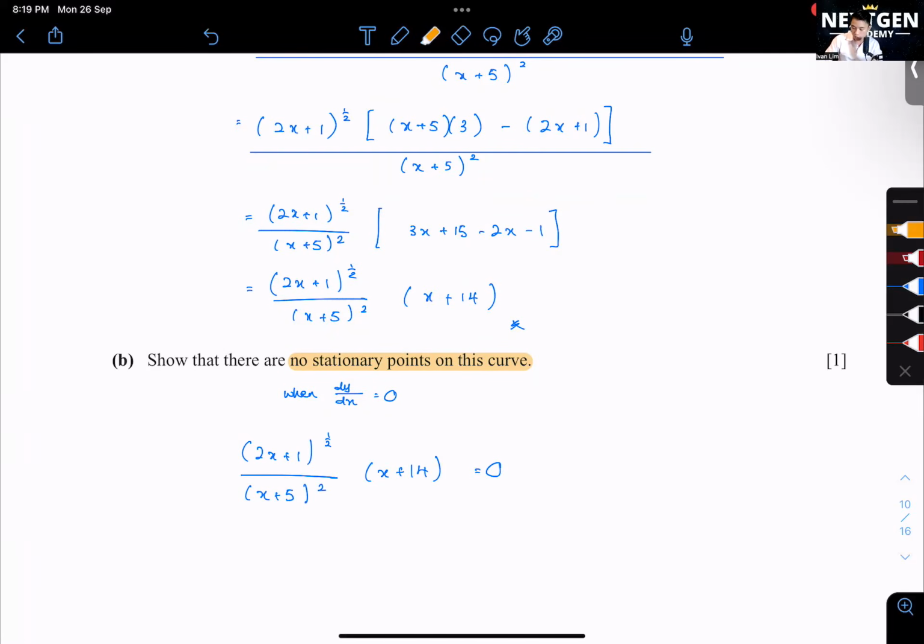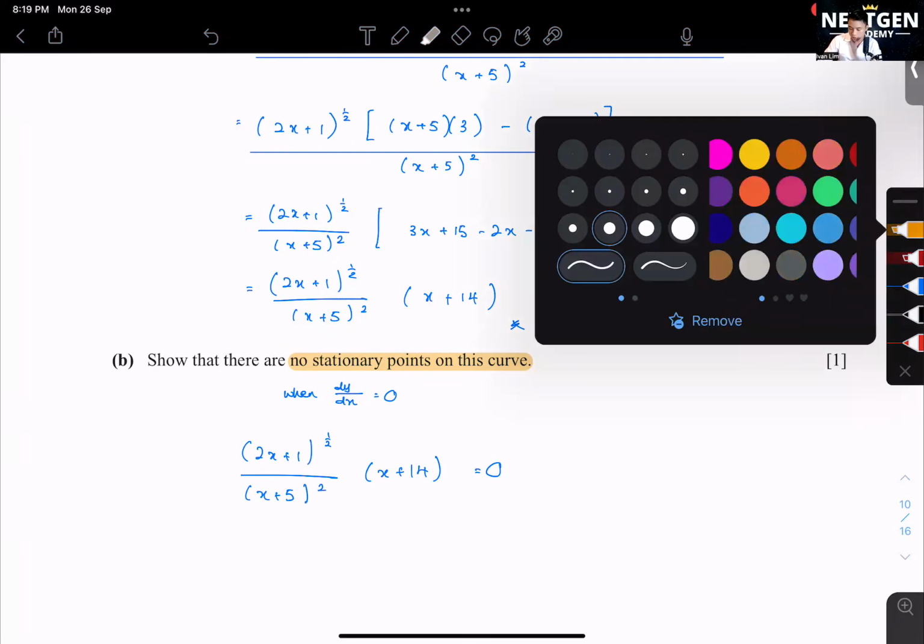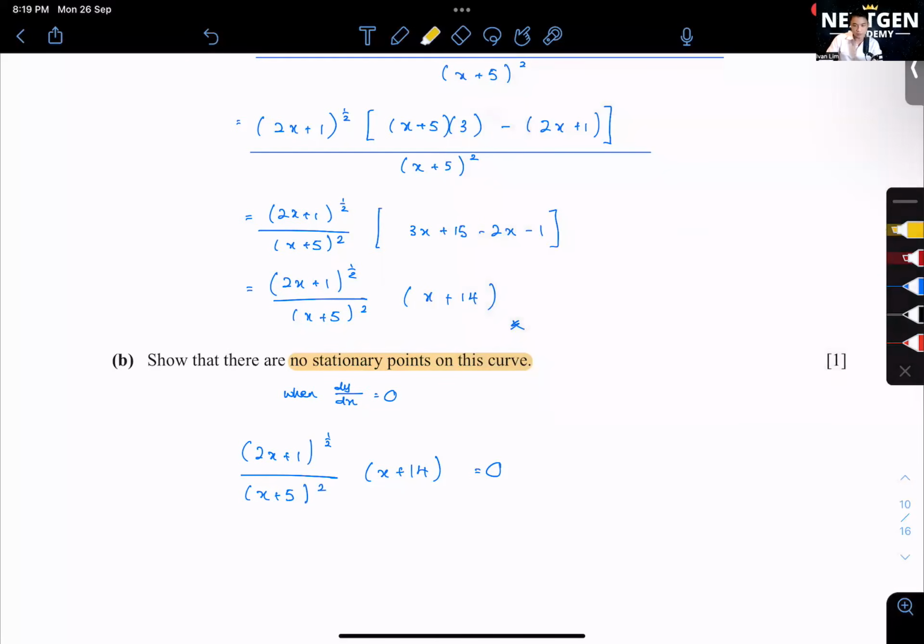Whatever they're asking you, whether to find the x that doesn't satisfy the equation, or no stationary points, or x values equals to 0, or find the stationary points, you just need to take the numerator. Don't ever take the denominator. This cannot be 0.